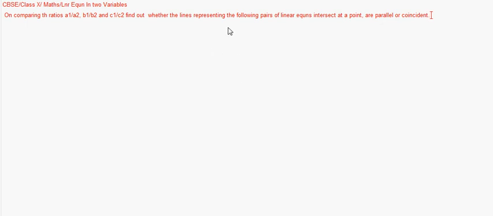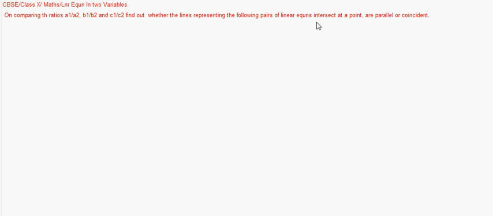We have to compare these ratios and arrive at the answer without even graphically solving it, just by comparing the ratios.